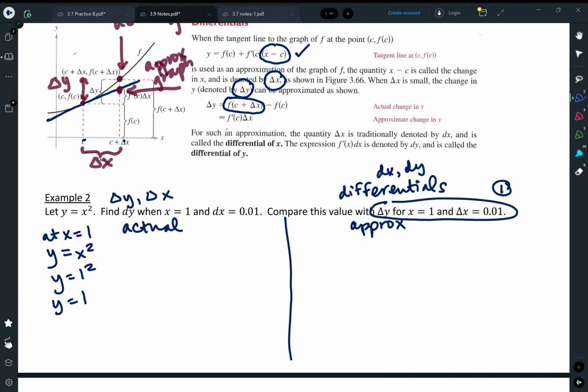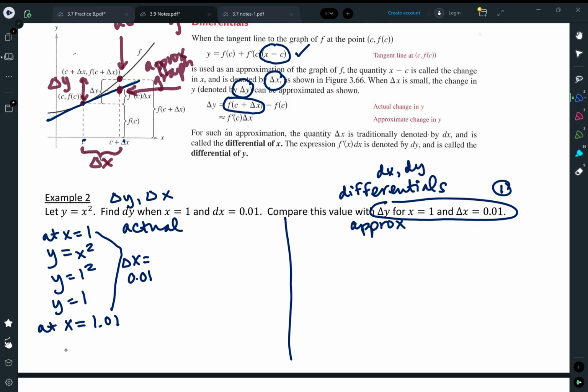Now I want to know what happens a little bit beyond that, when my delta x is 0.01. That means I want to know what's going on at x equals 1.01. So my change in x is equal to 0.01. That's my change from one x value to the next. So it's really close to 1, but it's not quite at 1.